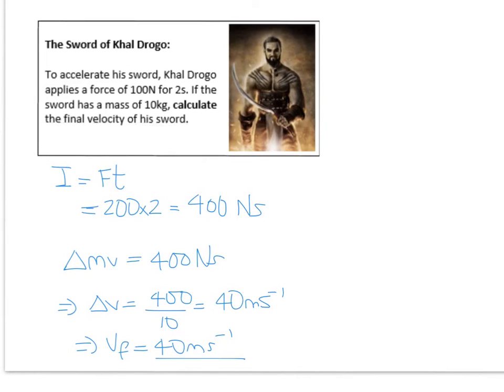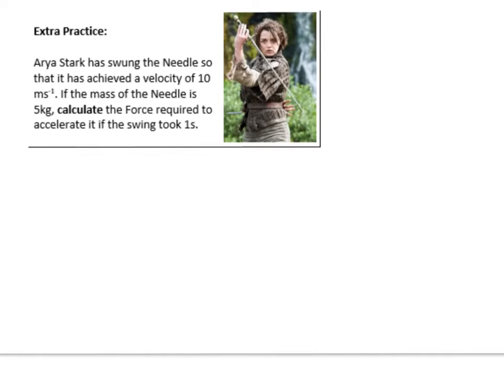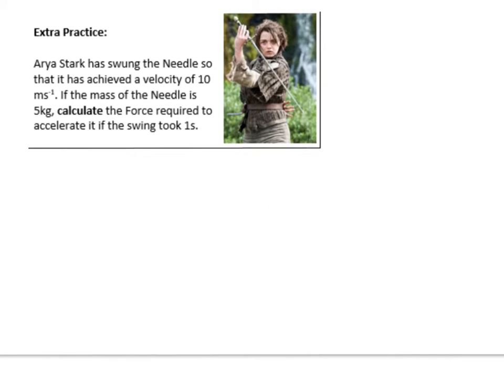Okay, so let's have a look at the extra practice at the level. So we've got Arya Stark, and she's got a much lighter sword called the Needle, and we've got to 10 meters per second, got a mass of 5 kilograms, calculate the force. So essentially what we can do is this problem, it's like the reverse of the first one, so the change in momentum is going to be the final momentum minus the initial momentum.